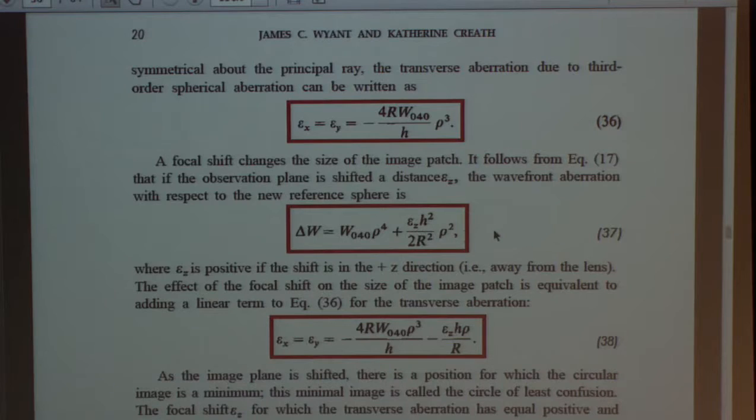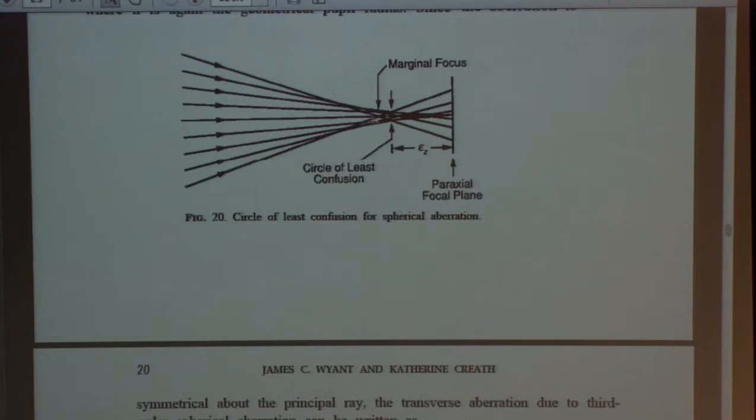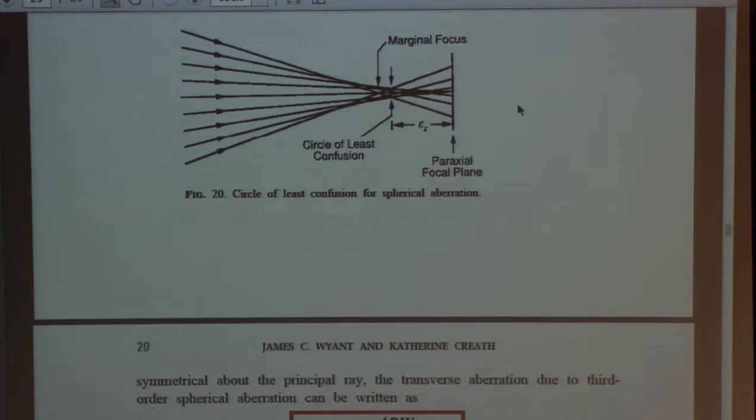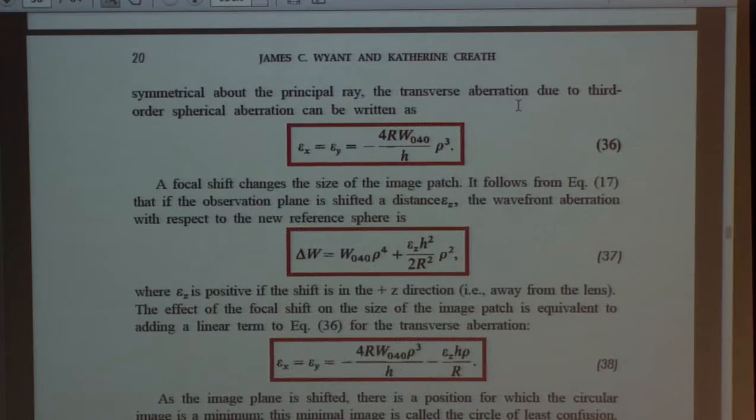So this would be the wavefront here relative to a different reference sphere. So it's a wavefront with some defocus introduced. And we're going to see in a little bit that we can actually improve our image quite a lot by introducing a little defocus. And you can see that right here probably, that there's some point where this is a minimum, and we get that by introducing some defocus here.